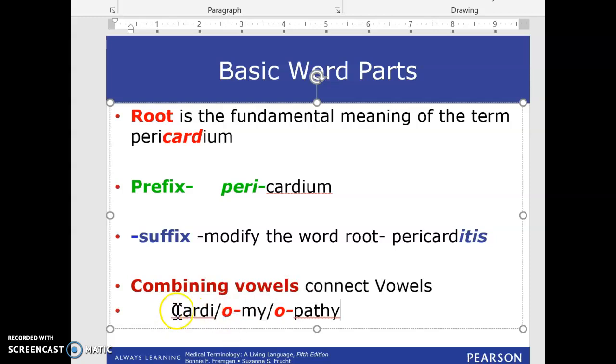So cardio is a combining word, actually, not a vowel, combining word. What I'm saying here, it should be word, combining word, okay? So any root word that needs a vowel attached to it, we call it a combining word.